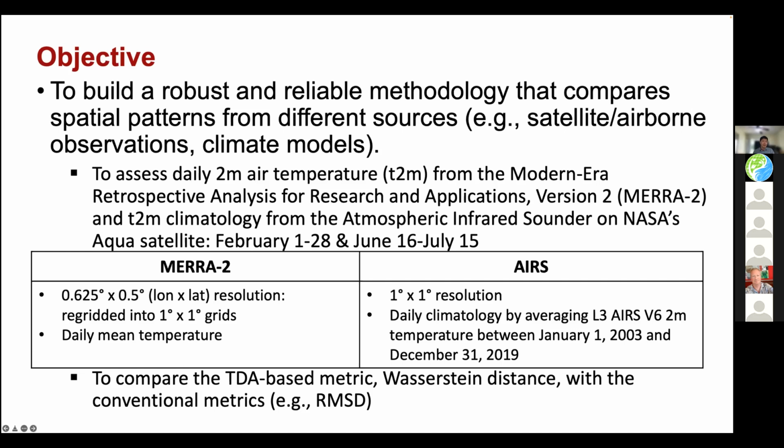Their resolutions are different, because this satellite observation has a lower resolution than the MERRA-2 observation. One thing you might want to remember is that this climatological data, the long-term average, doesn't include the anomalous temperature observation in 2021. We also used this MERRA-2 data, regridded into this low resolution from AIRS, to compare our TDA-based metric with the conventional metrics.